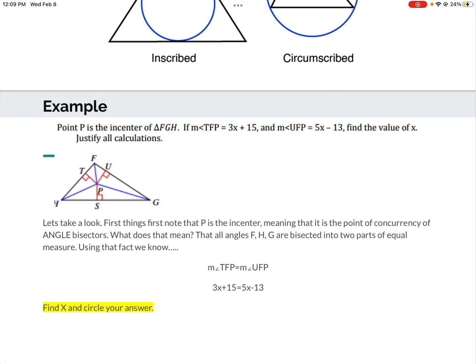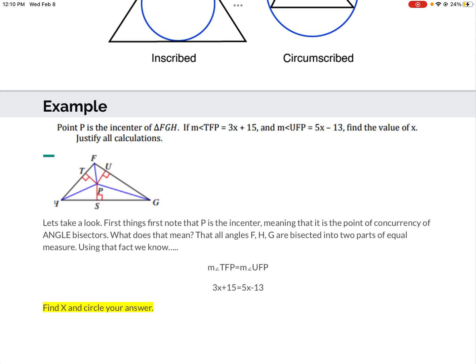What does that mean? That all of our angles at the vertices F, G, and H are bisected into two parts of equal measure. So those two angles we have measures for, 3x plus 15 and 5x minus 13, are going to be equal because they're congruent, because angle F has been bisected.